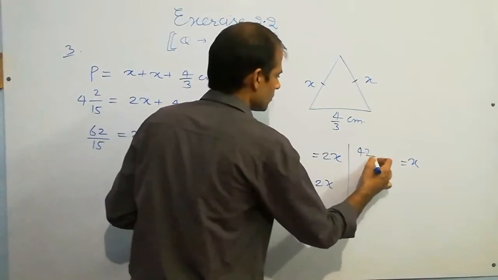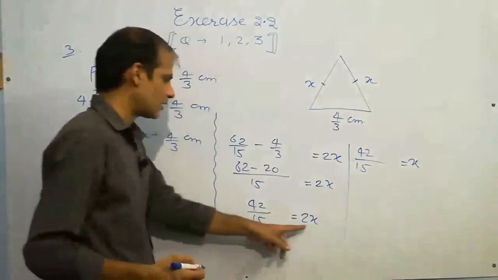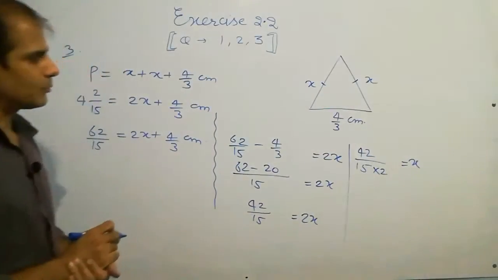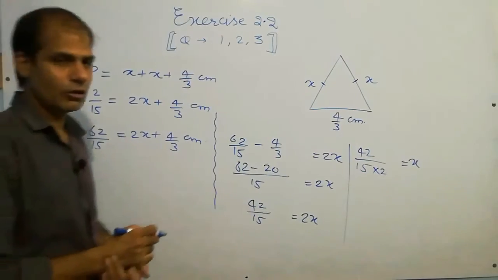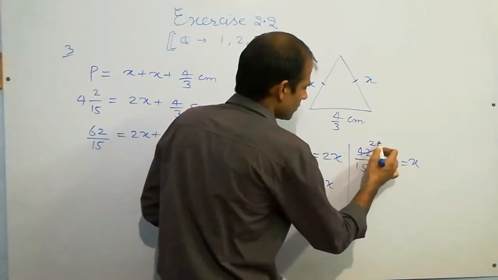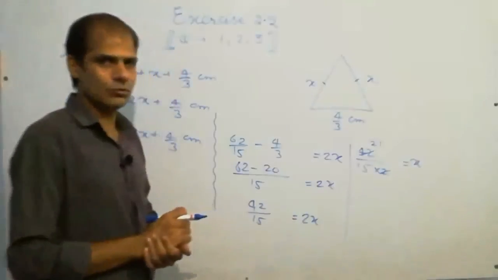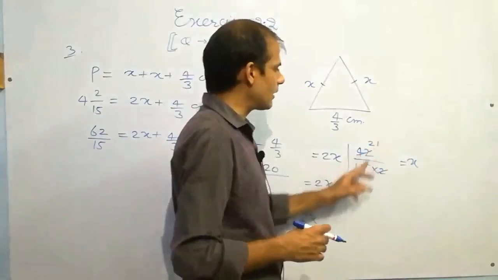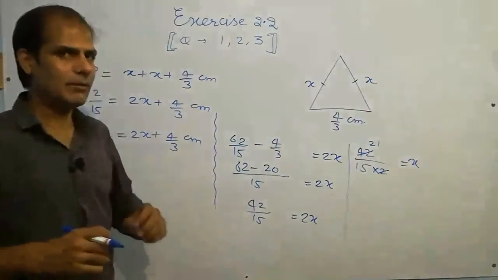So it is 42 upon 15, and this is 2, it is also converted into division. Now what to do? We can divide 42 by 2, that is 21. Again 21 and 15 are divisible by 3.